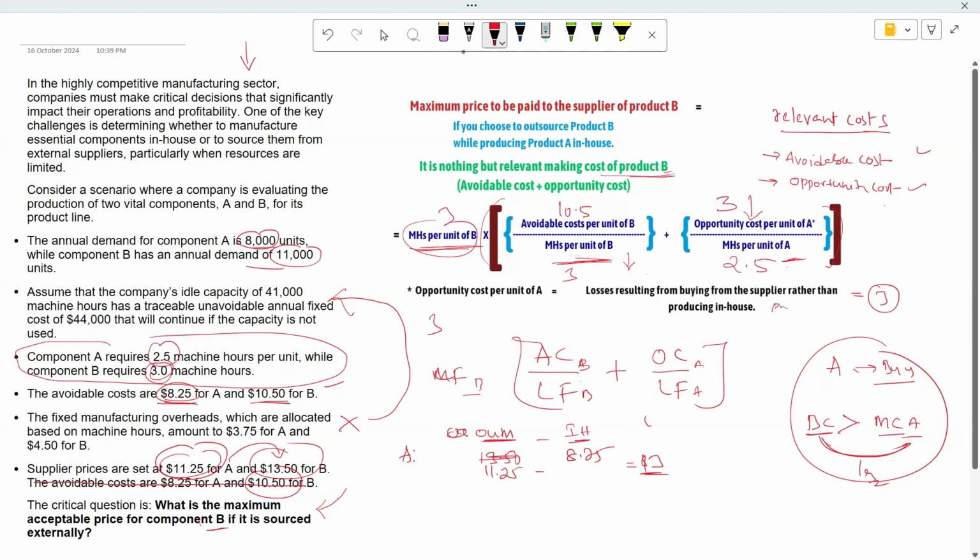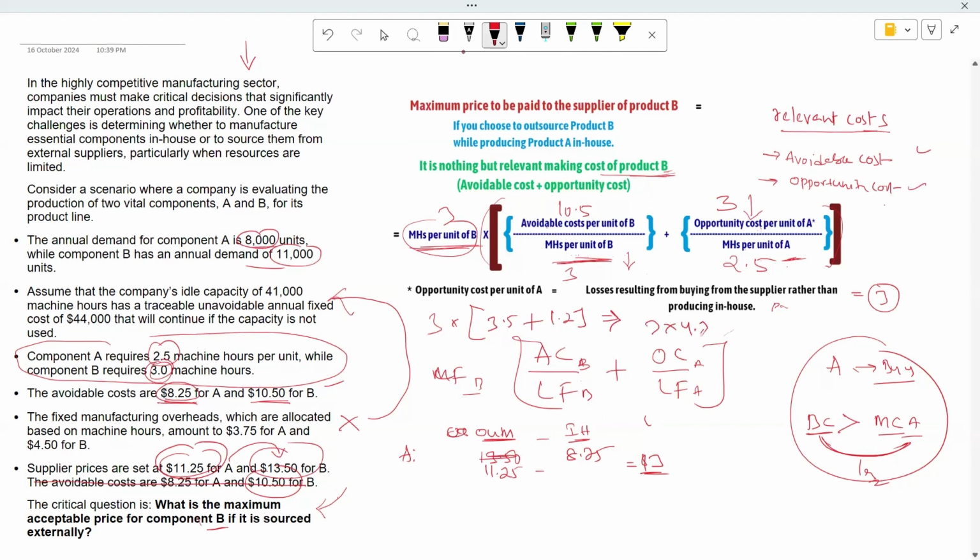So 10.5 divided by 3 is 3.5. Then 3 divided by 2.5 is 1.2. So put together, 3.5 plus 1.2 is 4.7. So 3 into 4.7 is 14.1.